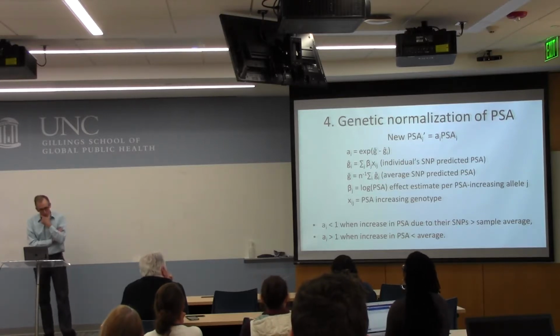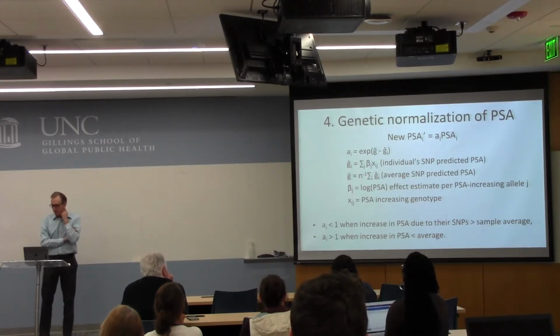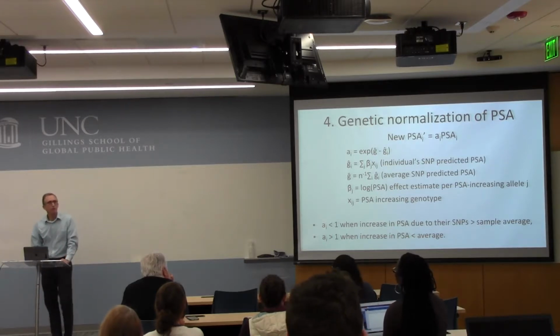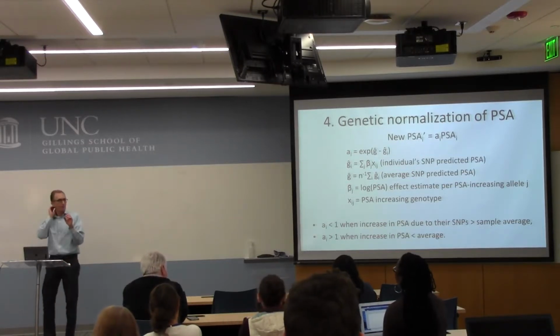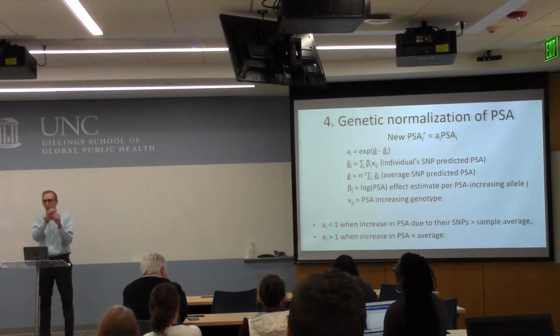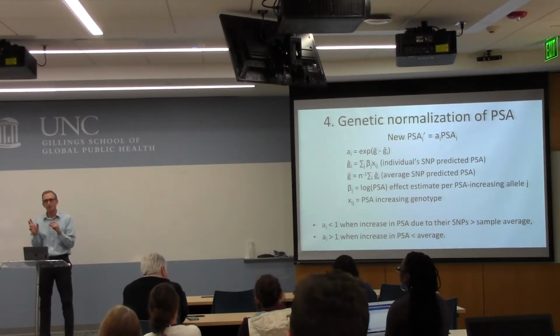So the general idea here is that you're going to calculate for each individual a new PSA measure, PSA prime, and it's this adjusted one. So you're going to come up with an adjustment, and you're going to multiply it by his actual measured PSA.